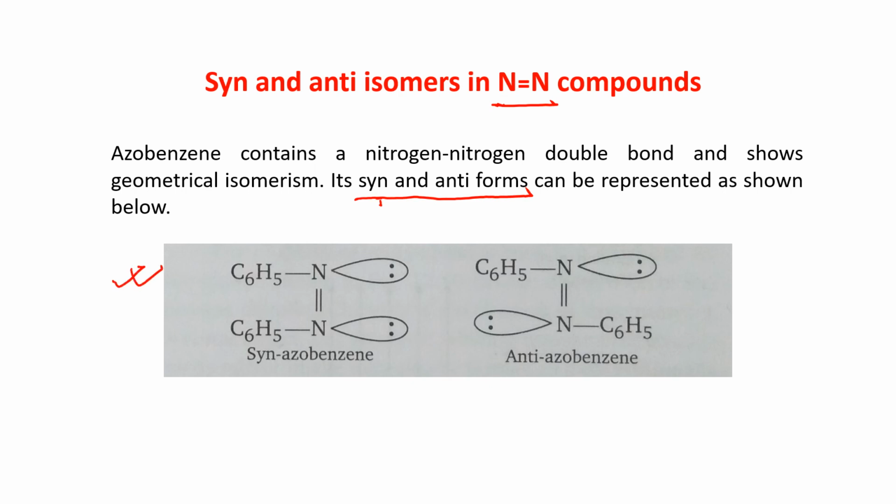Just see here, the N=N double bond is here, and C6H5 groups are present on the same side of the N=N double bond. So this is known as syn-azobenzene. And when C6H5 groups are present on opposite sides of this nitrogen-nitrogen double bond, it is known as anti-azobenzene.